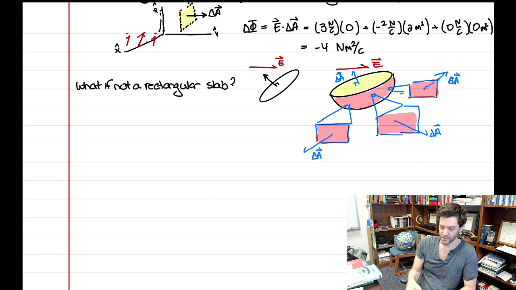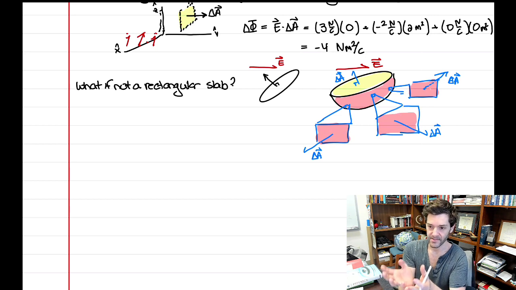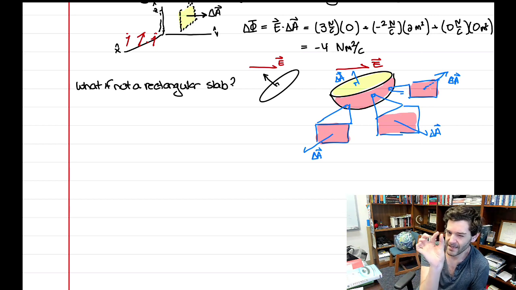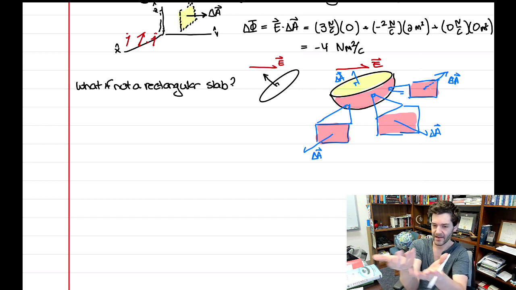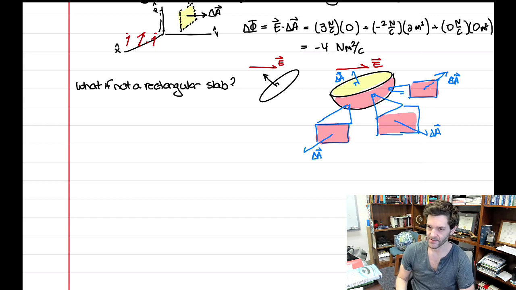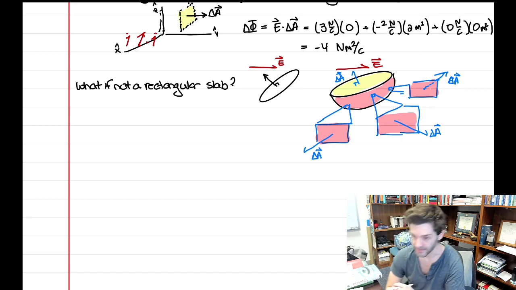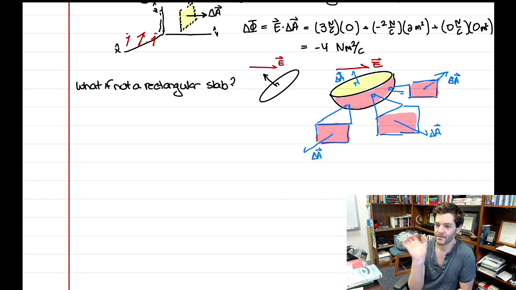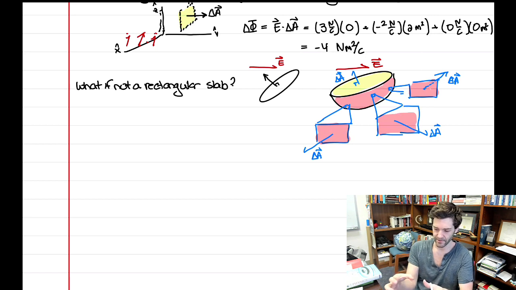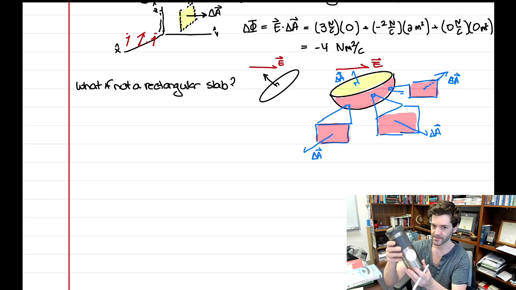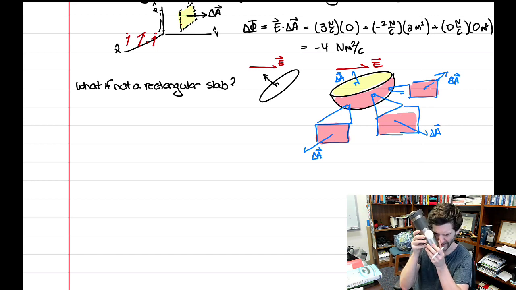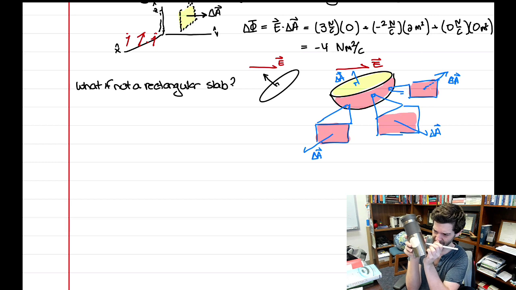So you can imagine taking some arbitrary surface and zooming in and considering every tiny little piece of area that makes up that curved surface. The idea is what calculus is built to do: we can take something of arbitrary shape, in this case an arbitrary area of this coffee mug, and if I zoom in really close at this little spot right here, it essentially becomes a little rectangle.